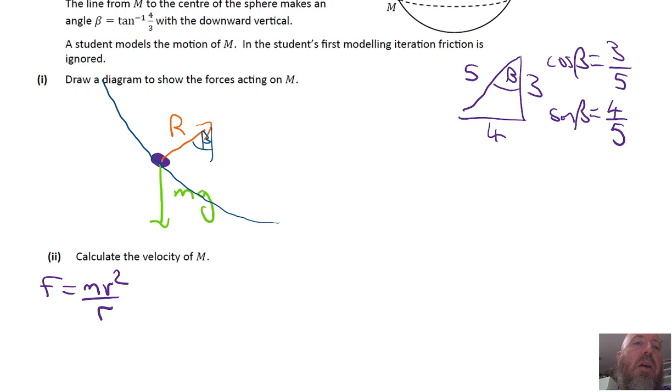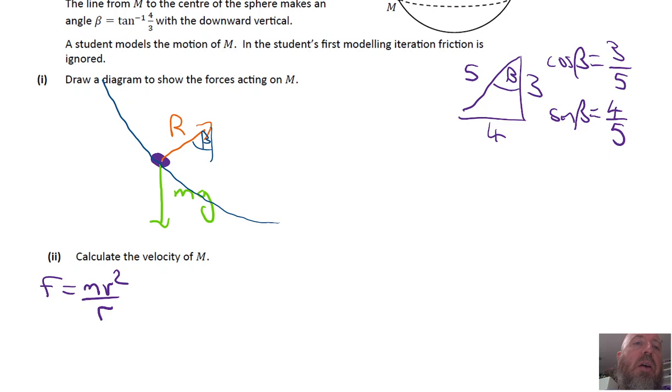And this is the mistake so many students make, and I made when I was prepping this a couple of days ago. The radius of the circle is not 20, because the radius of the sphere is 20, but the circle that the motorbike is doing, the radius that the motorbike is doing, is that little r there.